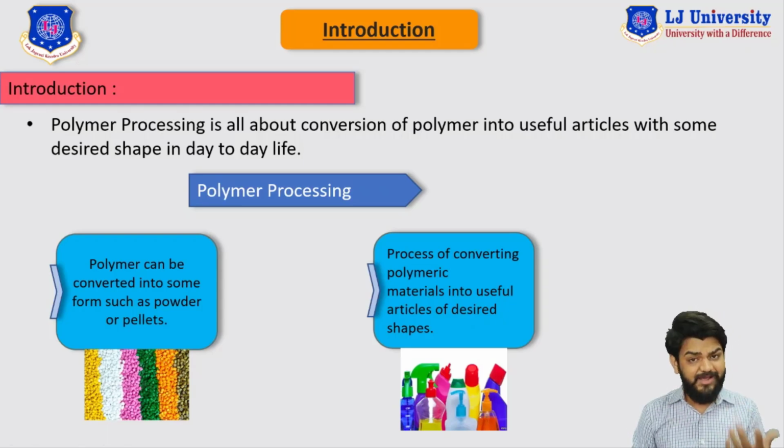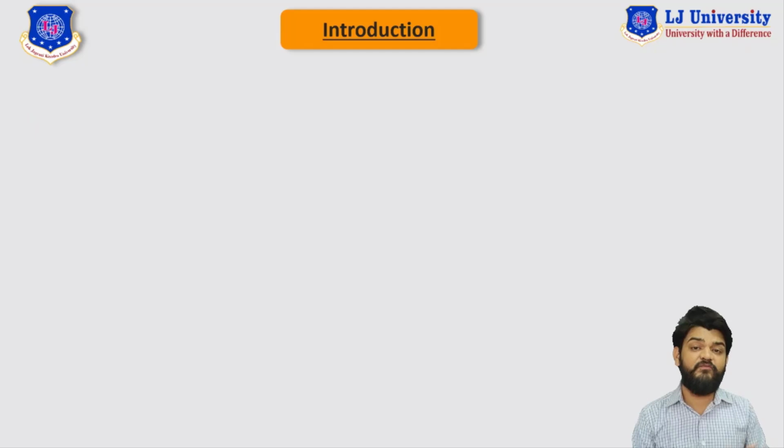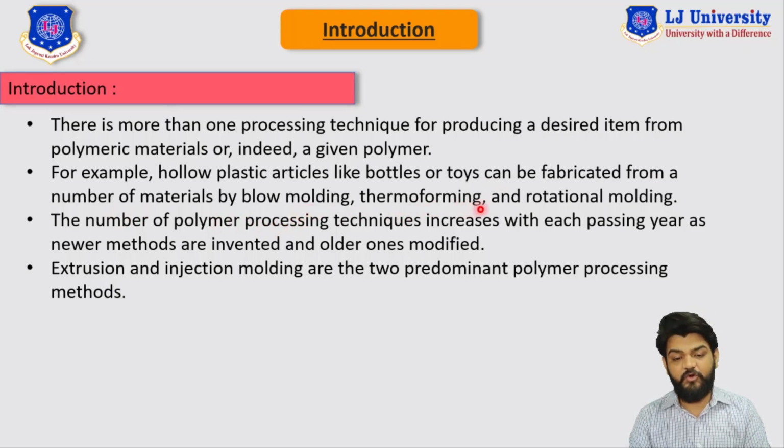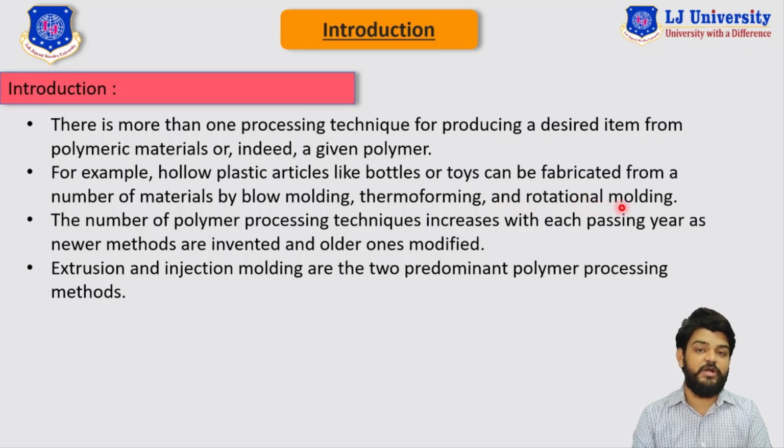Now, depending on this, there is more than one type of polymerization technique by which we can convert our polymer into a desired shape. For example, hollow plastic items like bottles or toys can be fabricated from a number of materials by blow molding, thermoforming and rotational molding. So these are the unit processes, right?